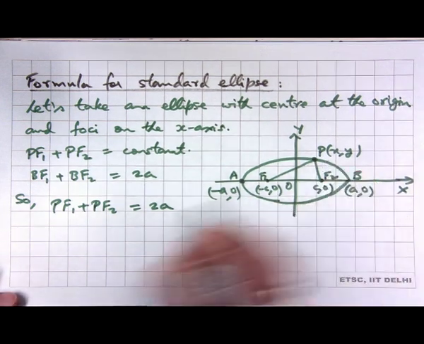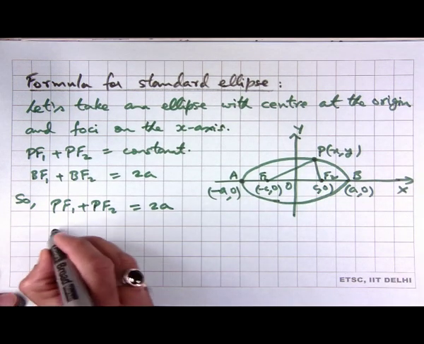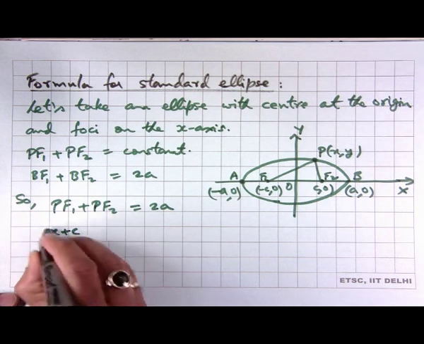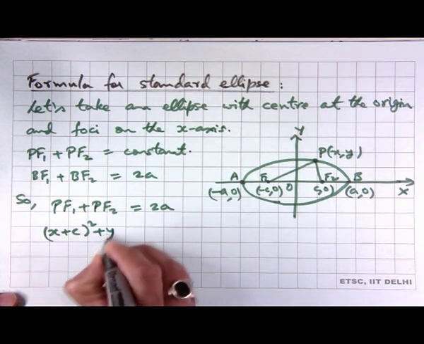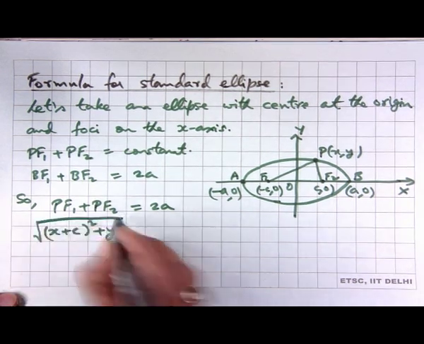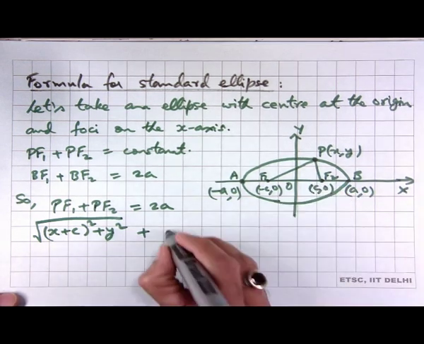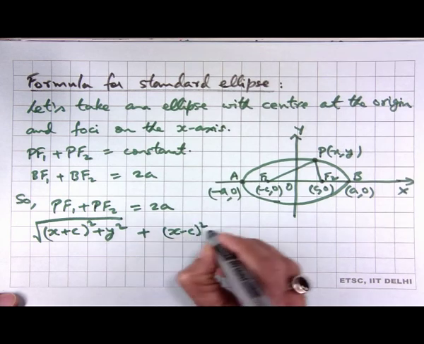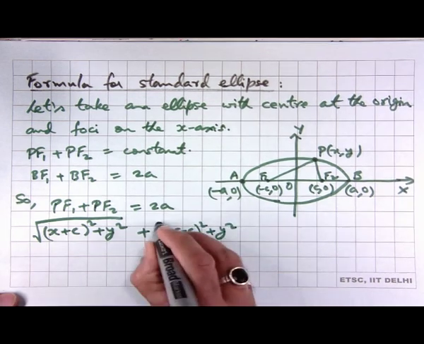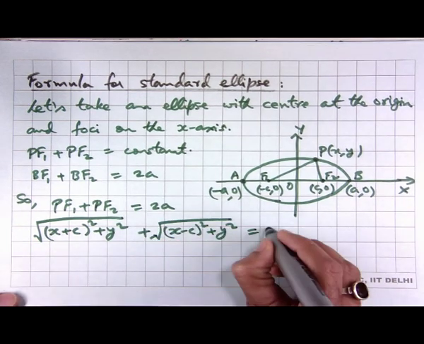Now, what is PF1? It is the square root of (x plus c) squared plus y squared, plus PF2, the square root of (x minus c) squared plus y squared, equal to 2a.